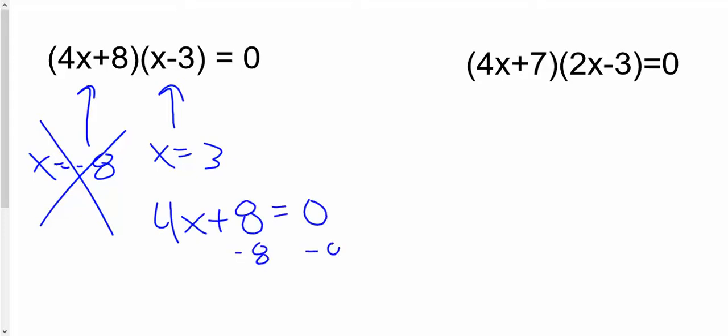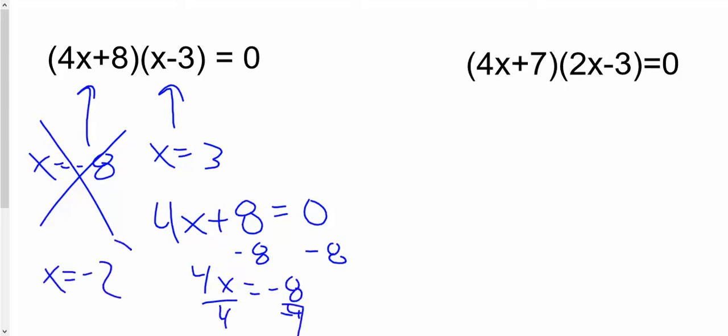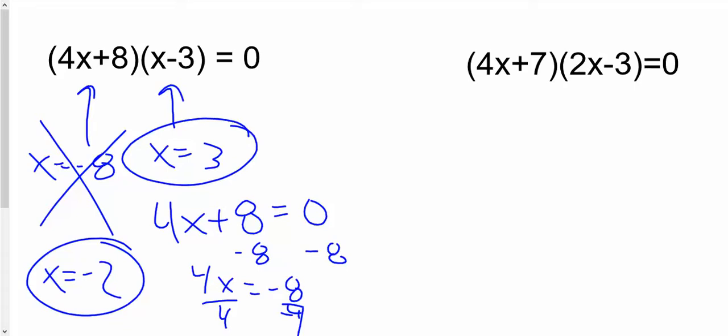And this one's a two-step equation. This is used when you can't just look at it and quickly identify what the root is. This one would be x equals -2. So -2 is your answer, and then 3 is your answer. You probably looked at it and said 4 times -2 is -8 plus 8 is 0. Okay, yeah, all right, I see that.